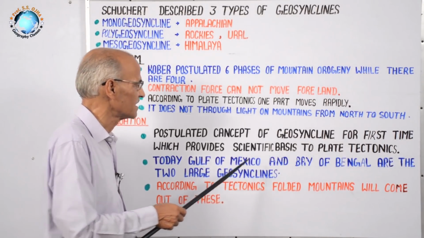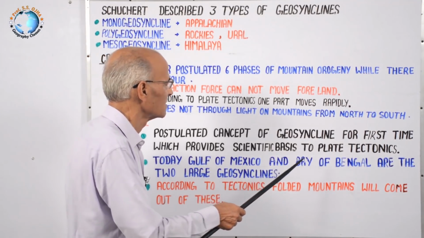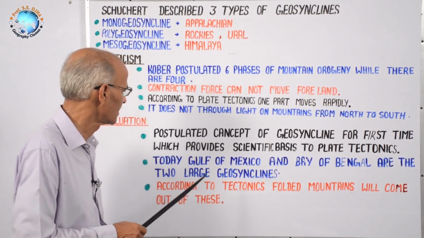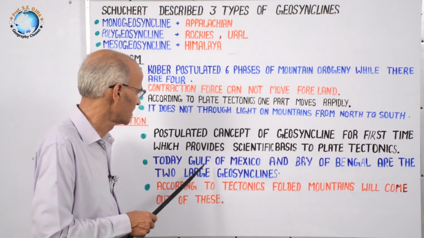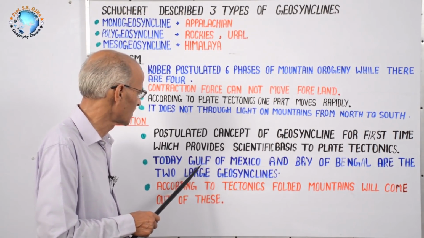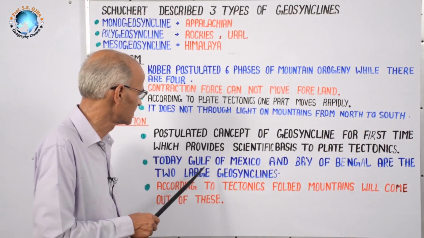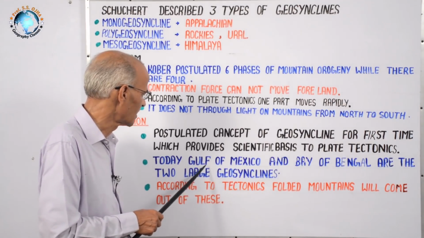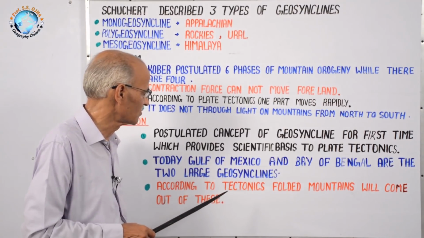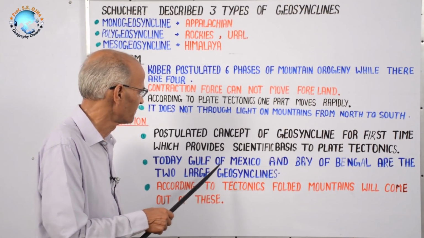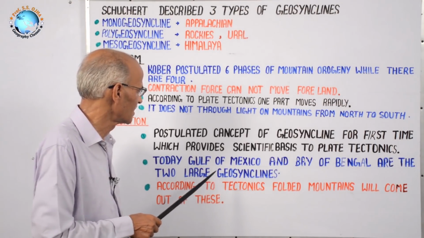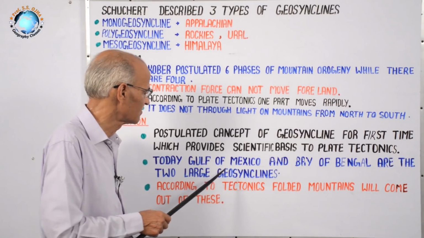But the second example is the Gulf of Mexico. Here there may be doubt, as Gulf stands for two meanings. Number one, Gulf countries means the countries bordering the Persian Gulf. But here, the Gulf of Mexico, you might be seeing on the map. It is to the southeast of North America, which is undergoing subduction.